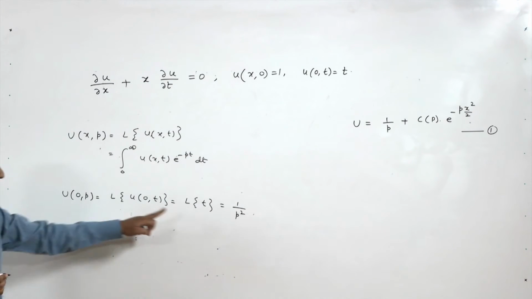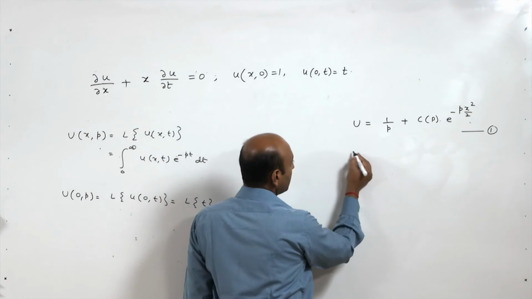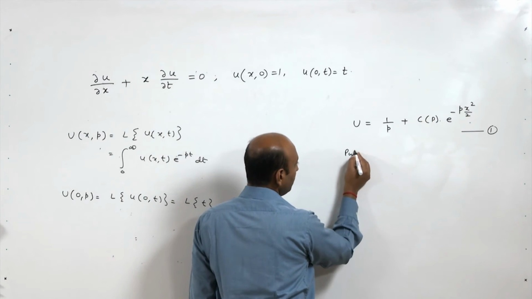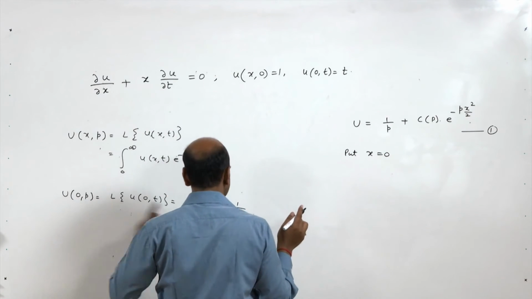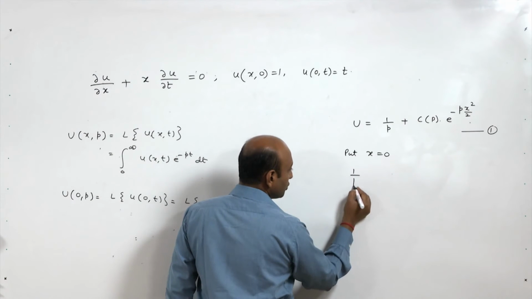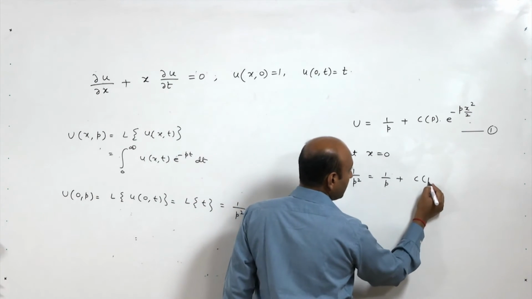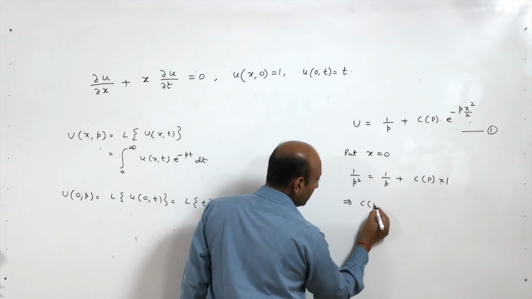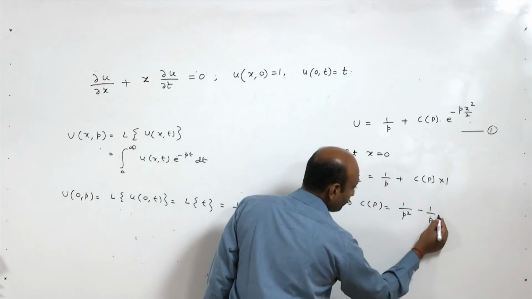Now, when you apply this condition here, when you put x equal to 0, U(0, p) is nothing but 1 by p squared. So, 1 by p squared equals 1 by p plus C(p) into 1. So, this implies C(p) is 1 by p squared minus 1 by p.